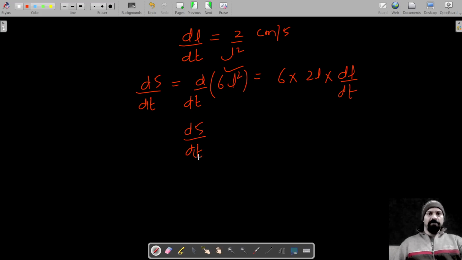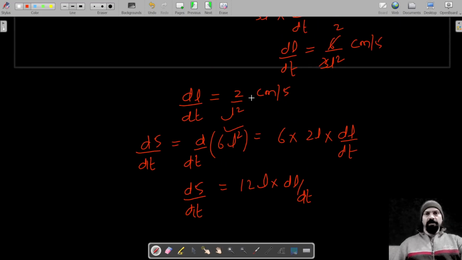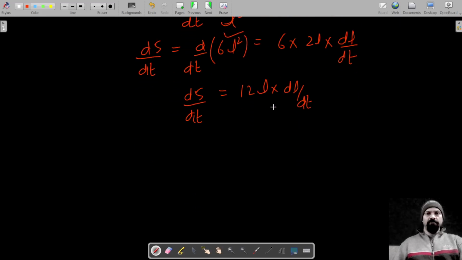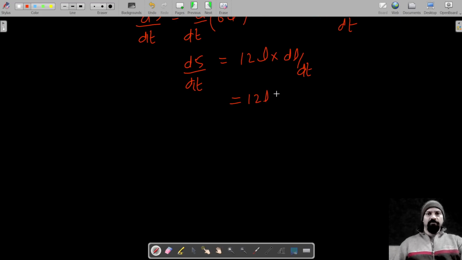So dS by dt is equal to 12L into dL by dt. Now dL by dt is 2 by L square, so this is 12L into 2 by L square, which is the rate of change of the surface area. Now this is equal to 24 by L centimeter square per second.